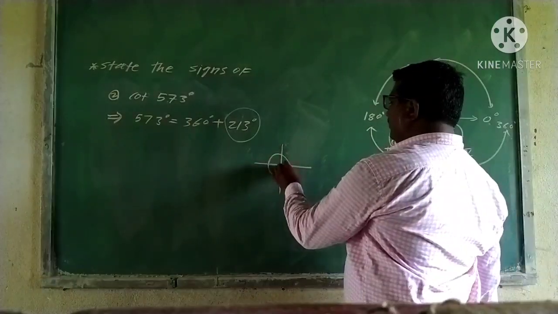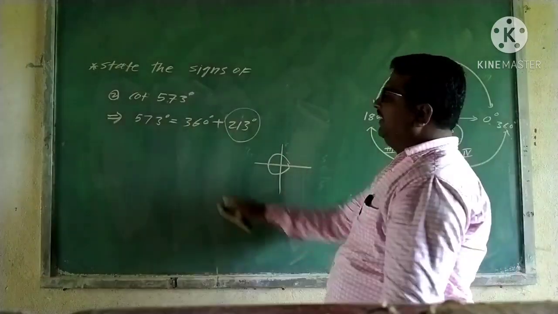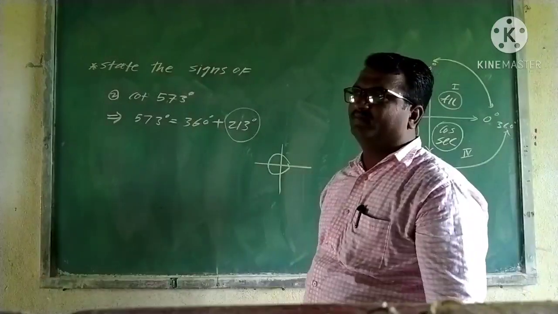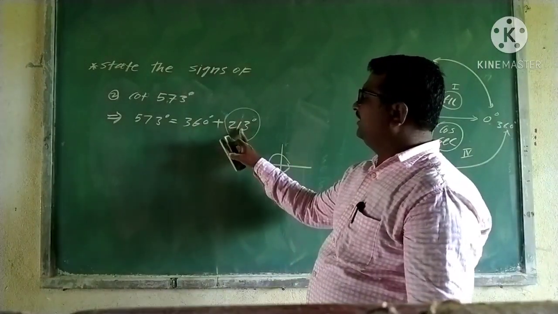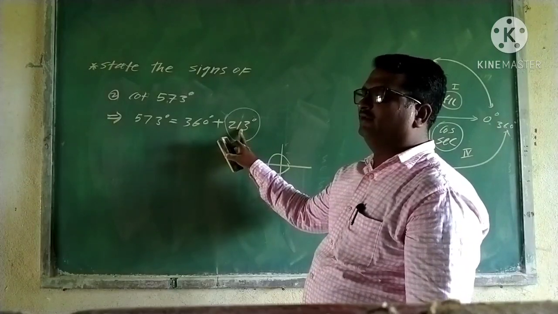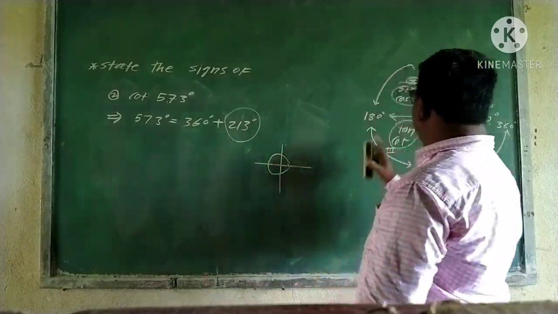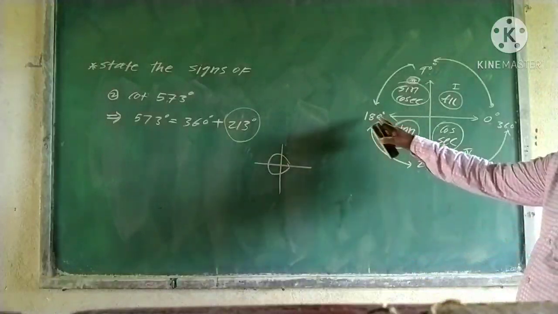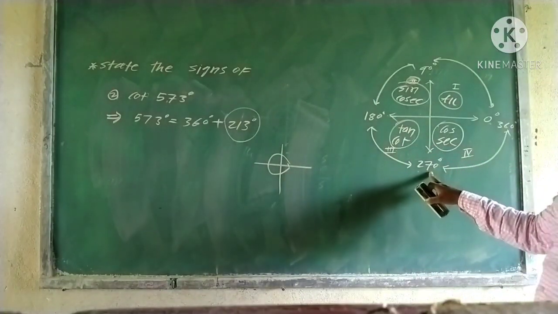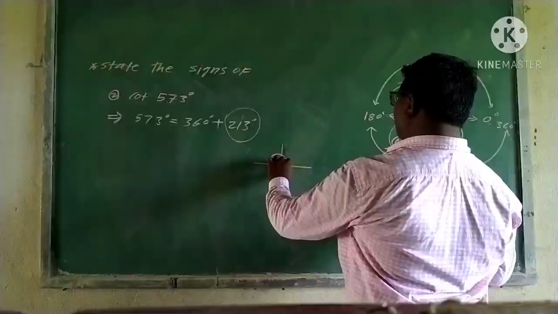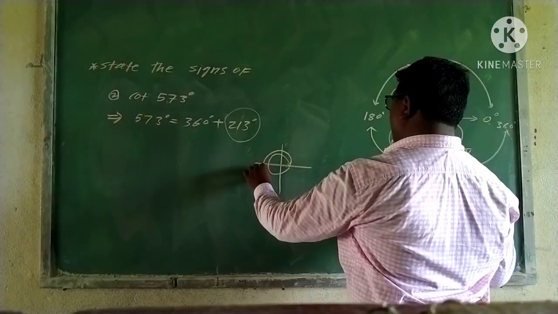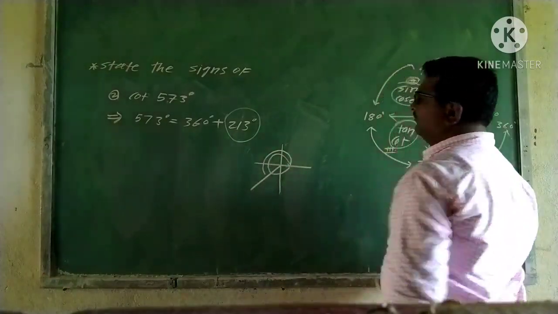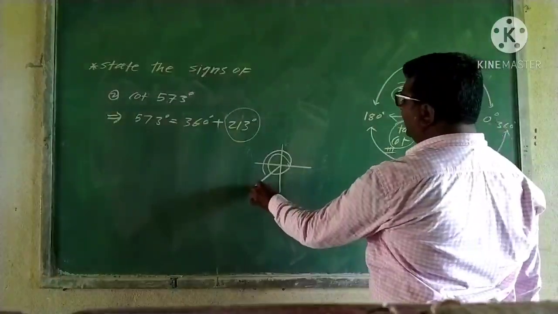The angle made by the revolution is 360 degree, and the remaining angle lies between 180 and 270, so our angle lies in the third quadrant.